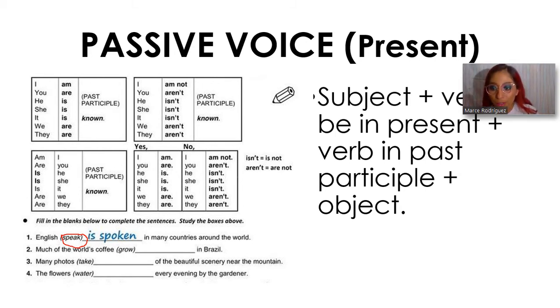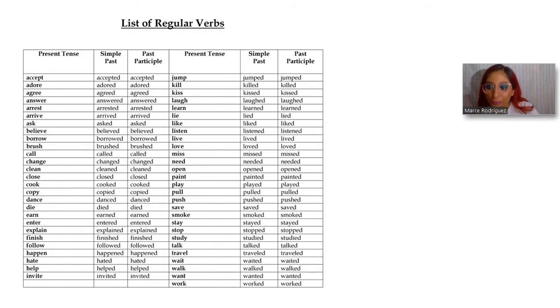Number 2, much of the world's coffee we have grow in Brazil. Okay, coffee is singular, so is it. So we are going to use verb to be is, okay? Is grow.